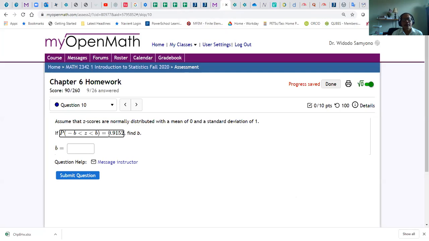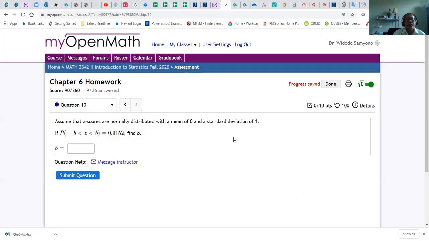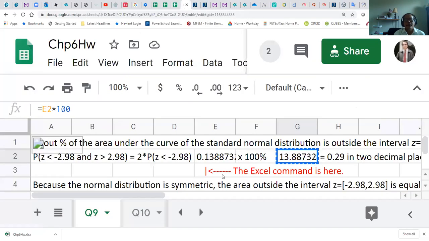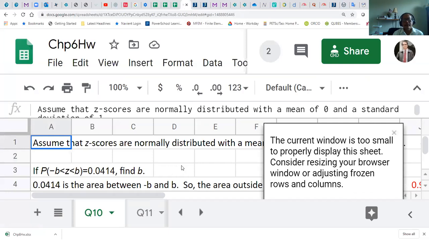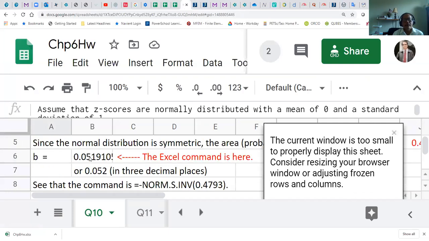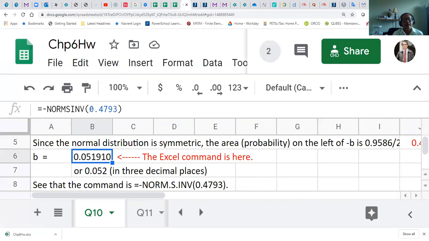Okay, let me copy the area here. Oops, sorry. 0.9152. So for number 10, actually it's a wrong process right there. So maybe just put it inside here.